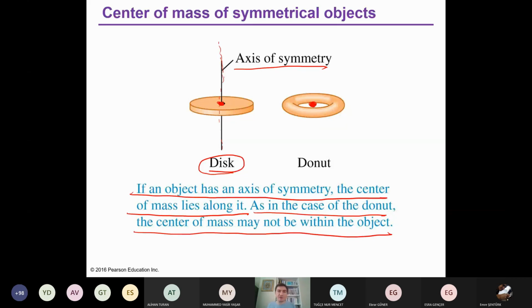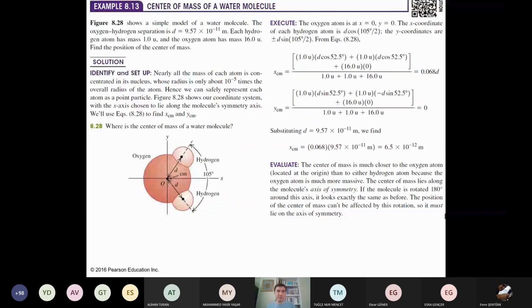And then let me continue with the example of center of mass. Center of mass of a water molecule. Here we have a water molecule. A water molecule is given by H2O. So we have 2 hydrogen atoms and 1 oxygen atom.